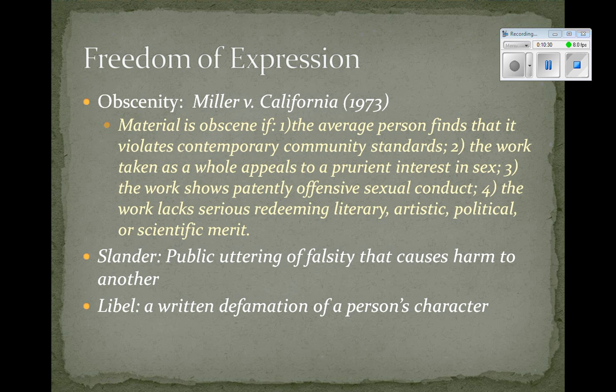And what they've said it is that they set up a rule saying something is obscene if, one, the average person finds that it violates contemporary community standards, two, the work taken as a whole appeals to a prurient interest in sex, three, the work shows patently offensive sexual conduct, and lastly, four, the work lacks serious redeeming literary, artistic, political, or scientific merit.